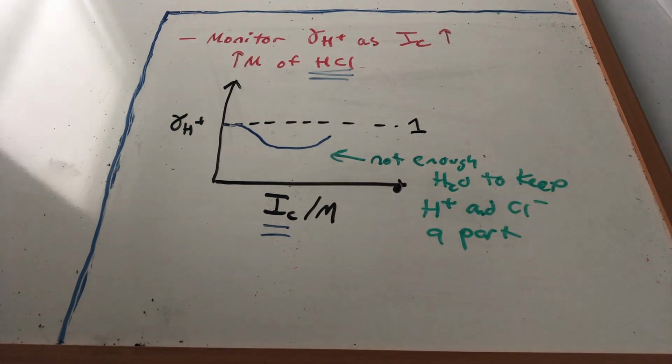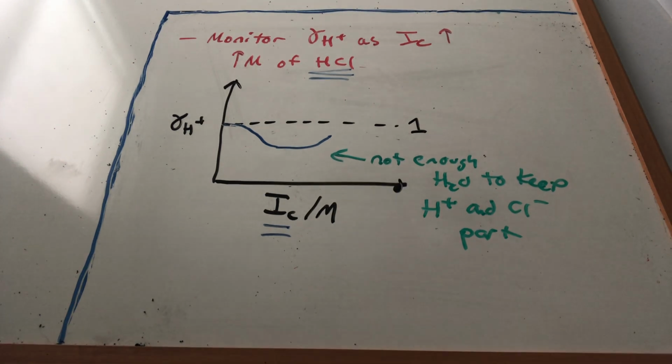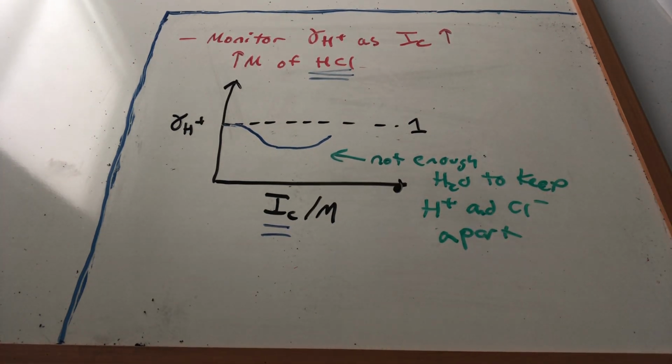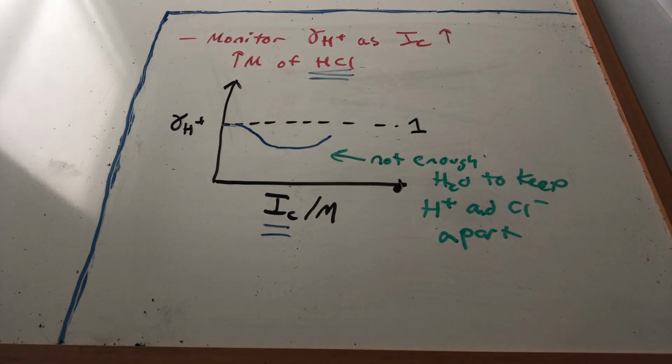So when we think about the activity of H plus, its chemical behavior in the context of free-flowing H plus, there's simply not enough water. It's too concentrated in terms of H plus and Cl minus. The H pluses and Cl minuses are feeling each other too much. And so what we end up with is a situation where the activity of free-floating H plus is going down.